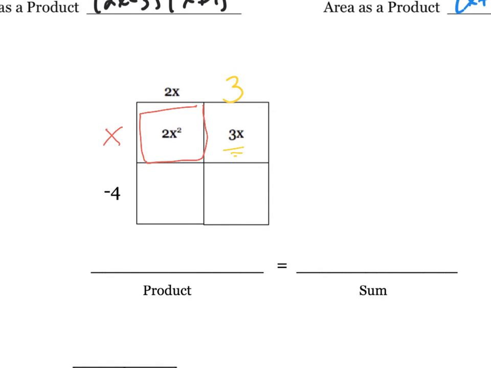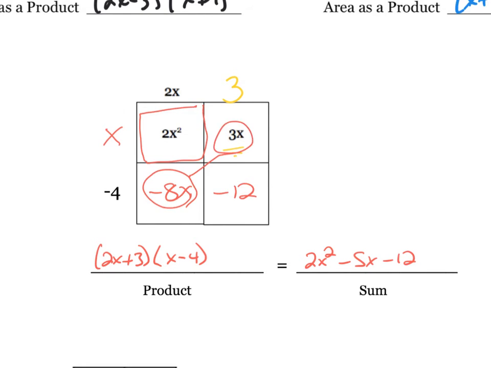And then the bottom two we can get because they're just going to be multiplying. 2x times negative 4 would be negative 8x, and negative 4 times 3 would be negative 12. So as a product, I found that 2x plus 3 was the top, x minus 4 was the side, and as a sum, it'd be 2x squared minus 5x minus 12. Again, we had the like terms on the diagonal I could add together.